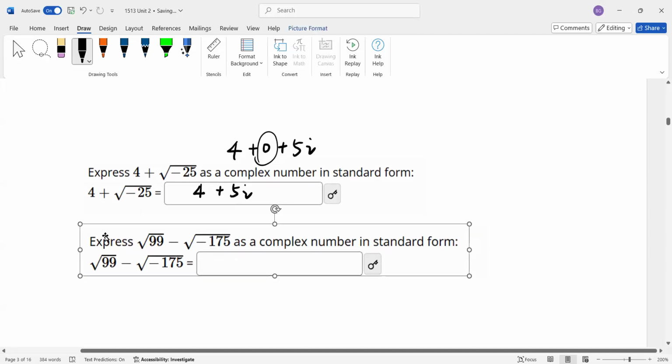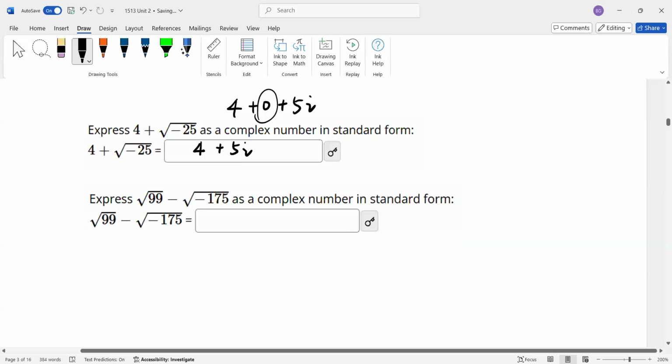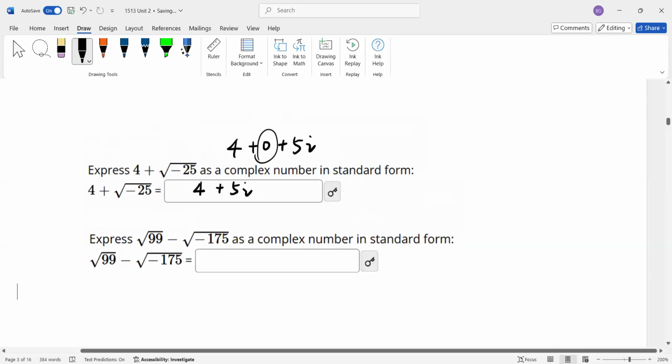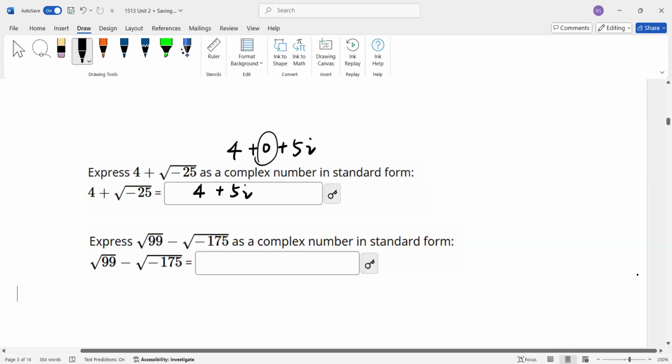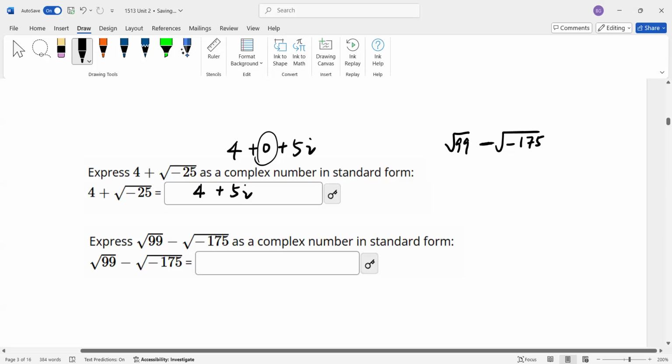Next one, express this as a complex number in standard form. Okay, let's see, how do we do that? Root 99 minus root -175. The first part of the expression is a square root, but it's a square root of a positive number.